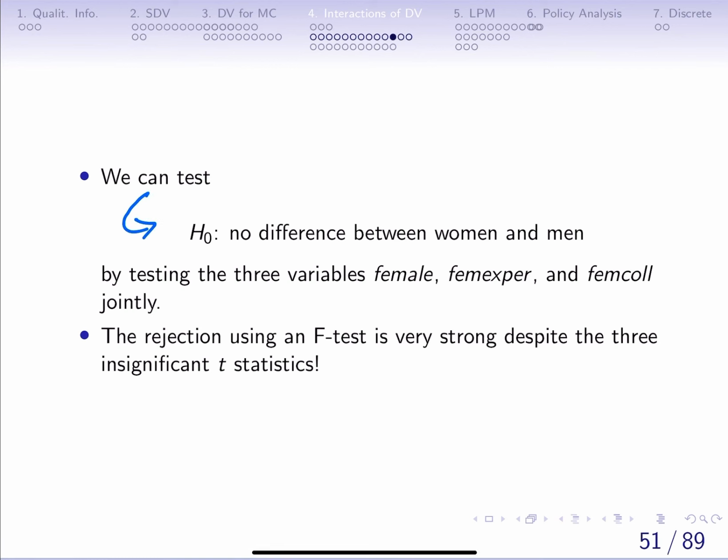So if your hypothesis was that there's no difference between men and women, you can basically do an F test on female times experience and female times college, to suggest that these are jointly zero, or the effect is jointly zero.